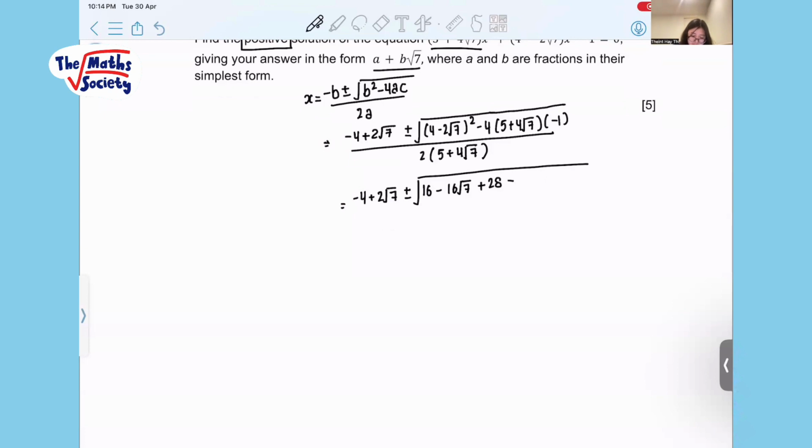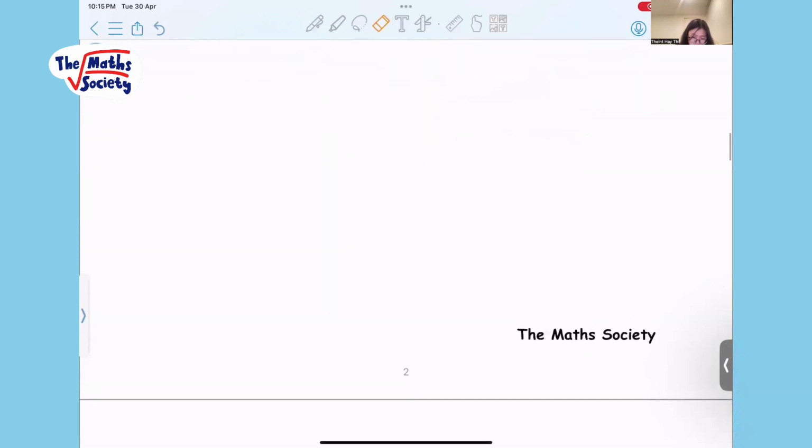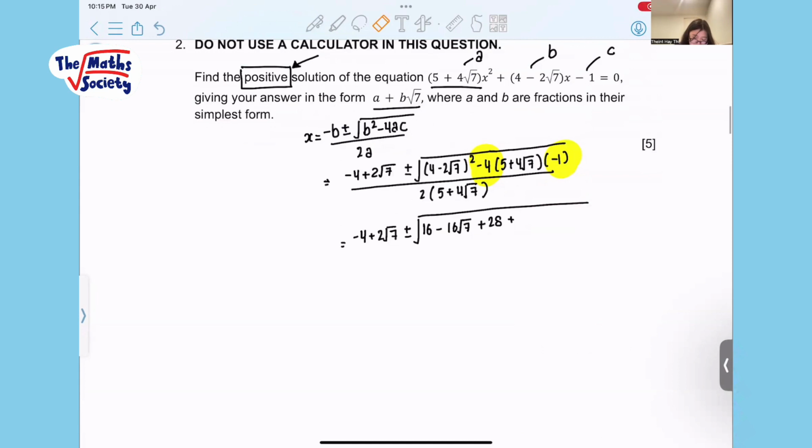It's probably easier to do this one first, minus 4 and then minus 1, so you have a plus ratio. So it'll be minus 4 times minus 1, you're just going to get plus 4. So you just multiply the plus 4 with the 5 plus 4 root 7. So you have plus 4 multiply 5, which is plus 20, and you have plus 4 times 4, 16 root 7 again.